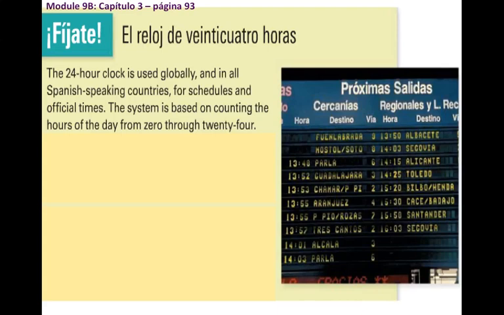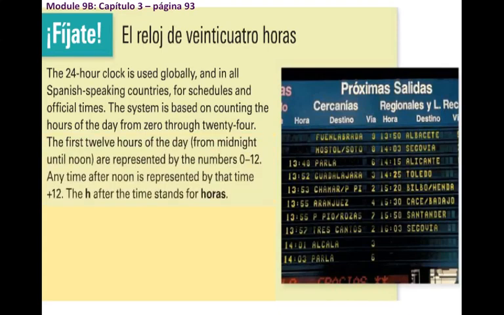The system is based on counting the hours of the day from 0 through 24. The first 12 hours of the day from midnight until noon are represented by the numbers 0 to 12. So just like our regular clock, any time after noon is represented by that time plus 12 hours. The H after the time stands for hours.